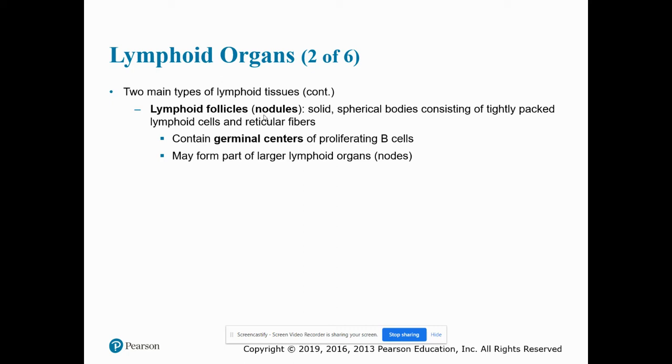These are solid spherical bodies consisting of tightly packed lymphoid cells and reticular fibers. They contain germinal centers, and germinal centers have a bunch of B cells in them that are proliferating, and they may form part of a larger lymphoid organ called a node, a lymph node.